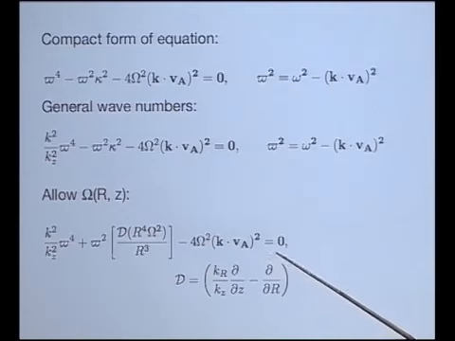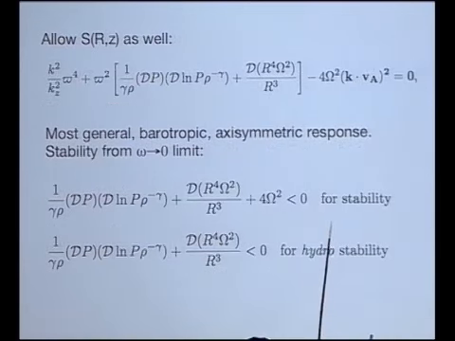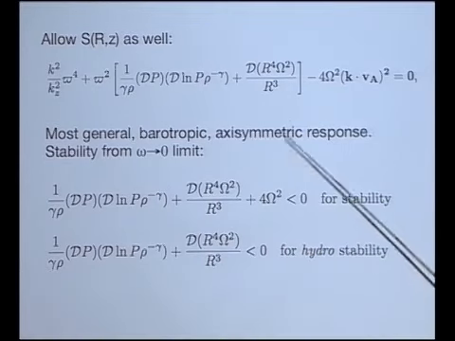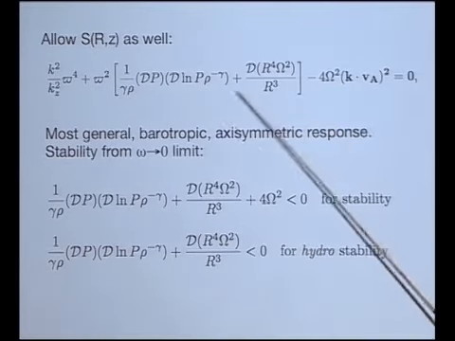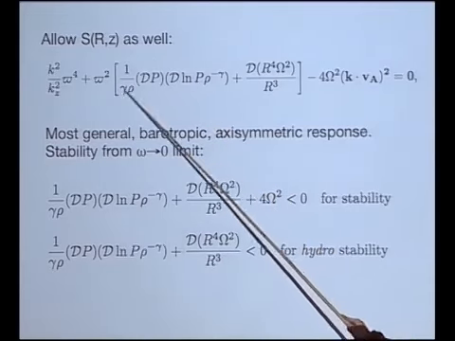I allow now a more general form for omega, so instead of kappa squared, I have a slightly more complex operator here involving both gradients, axial as well as radial.